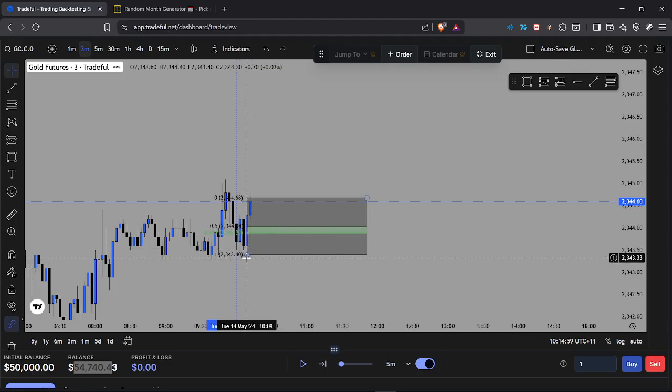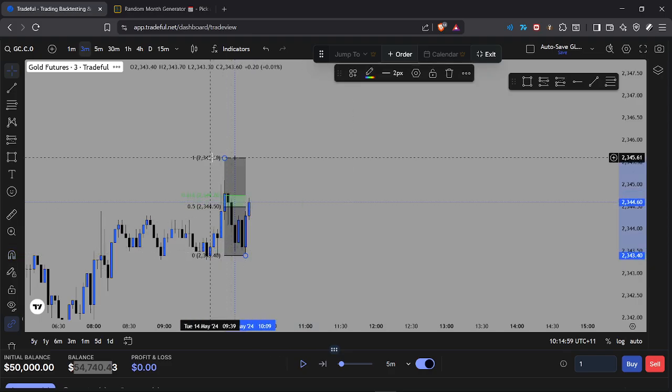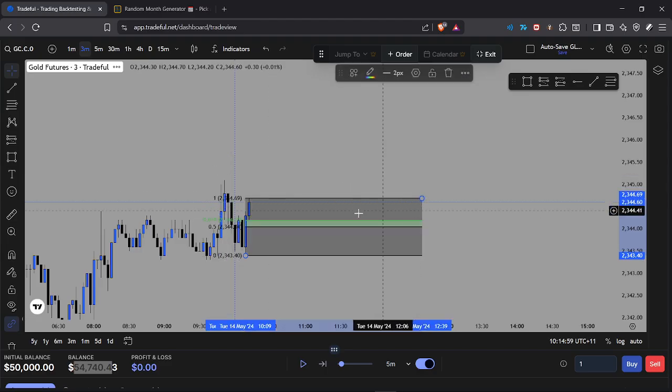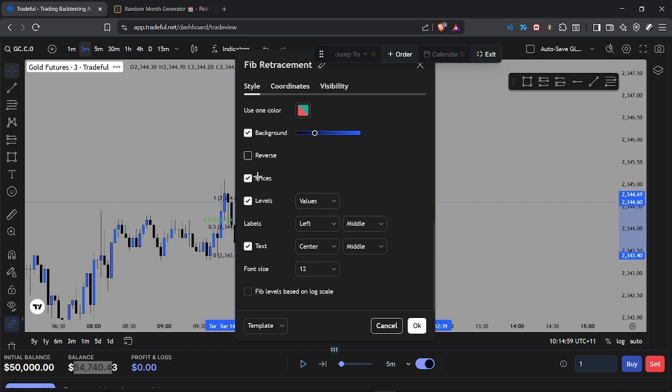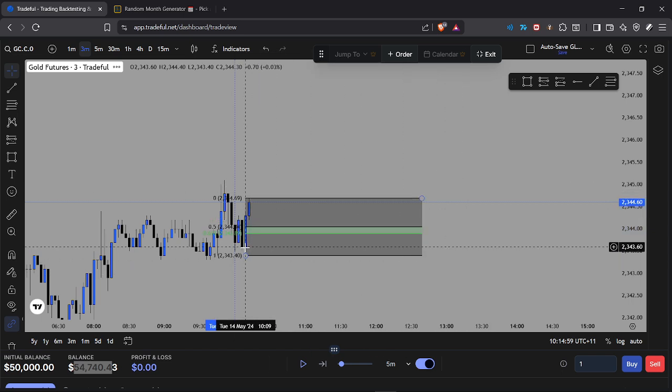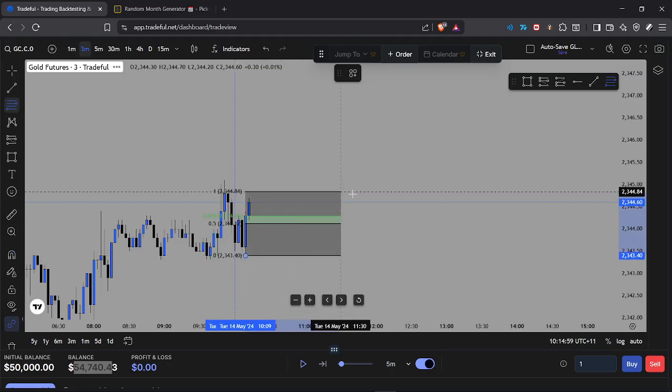Wait, no, I have it opposite. Yeah, we formed a low first, so 0 should be here. Is this reversed? Is that why? Okay, reverse it. And then now I can surely just straight up do it like this, and I don't have to be worried about it. Okay, yeah.